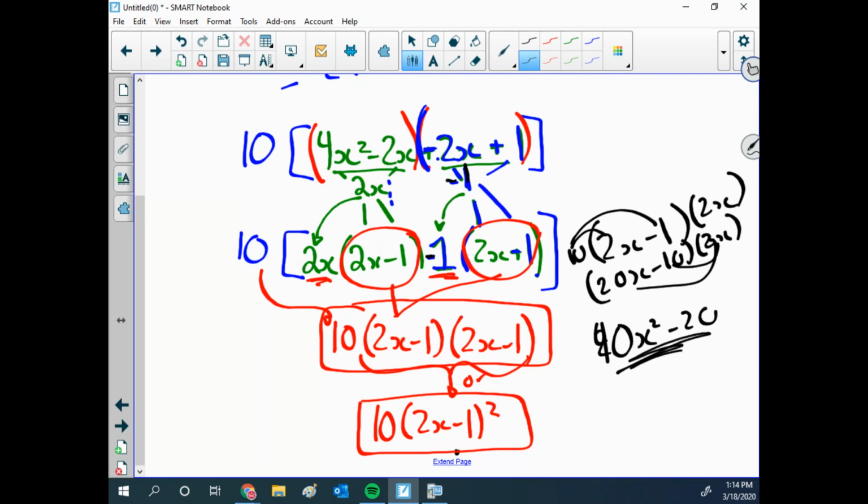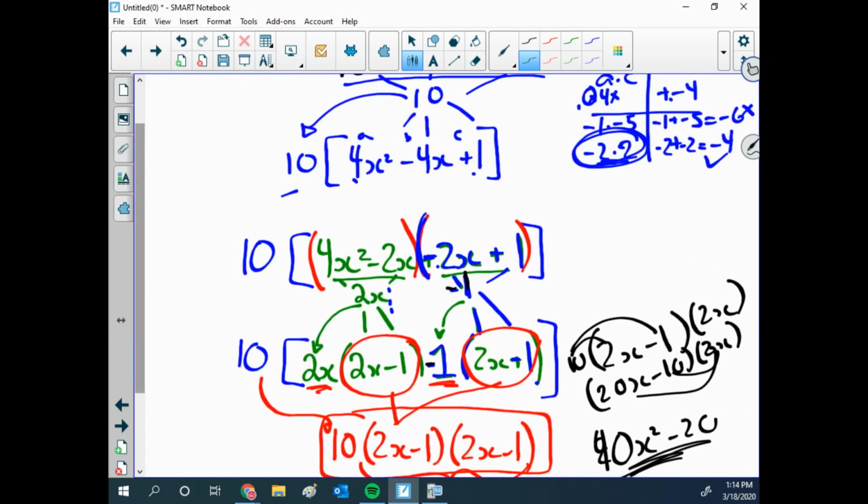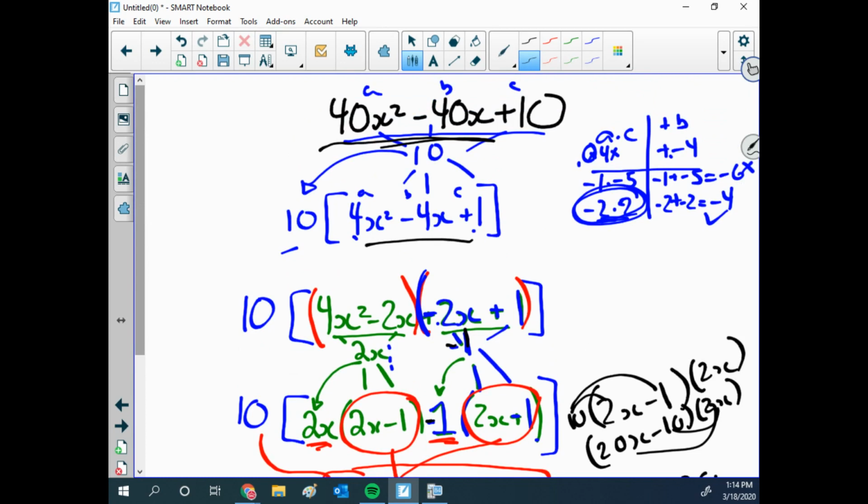This is not equivalent to this. So I need to make sure that if there is no perceived greatest common factor, I'm still taking out a 1, or in that case, I guess it ends up being negative.